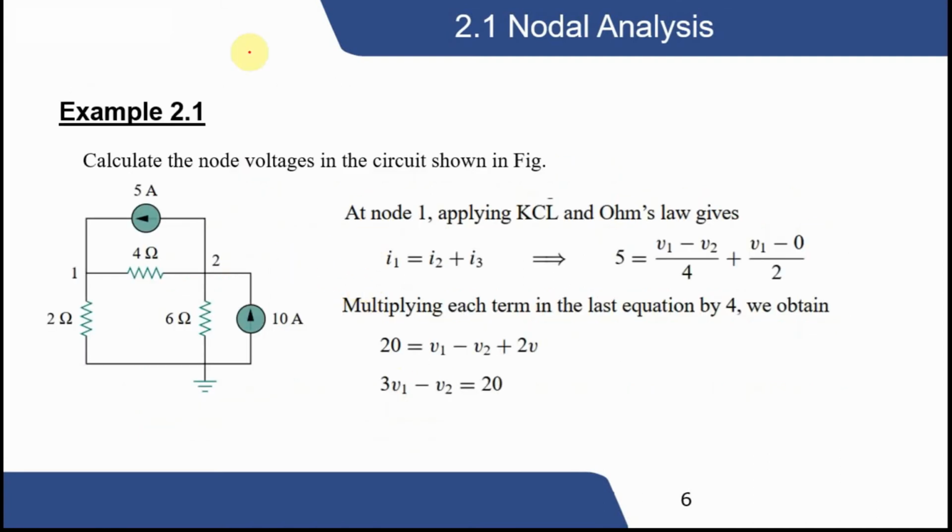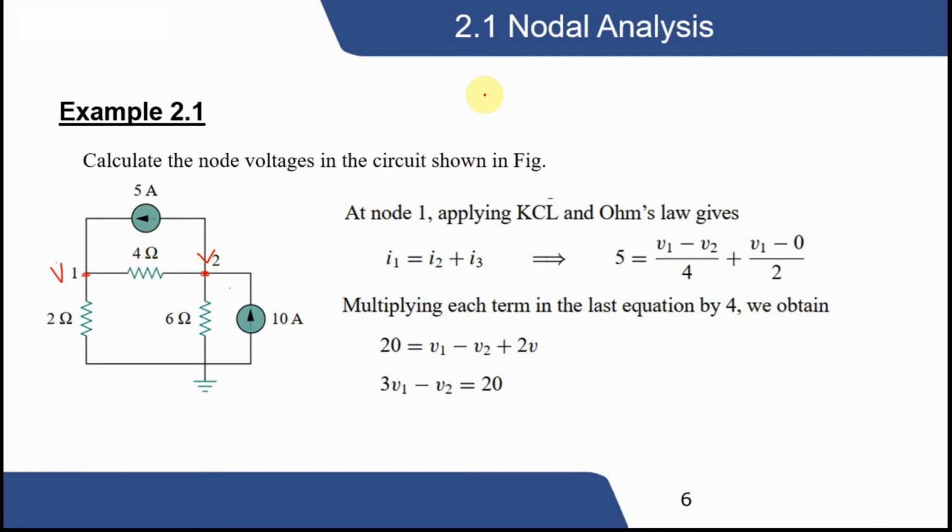Let's see the example question. Let's suppose we name this node V1 and this node V2. So what do we do?